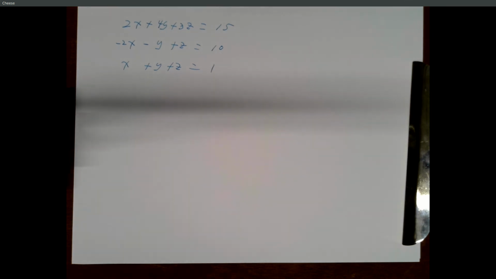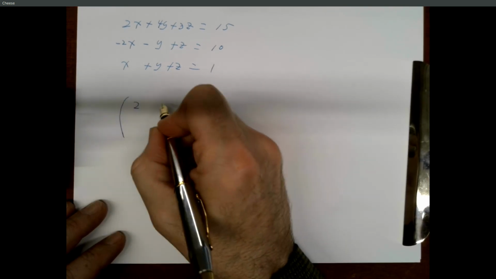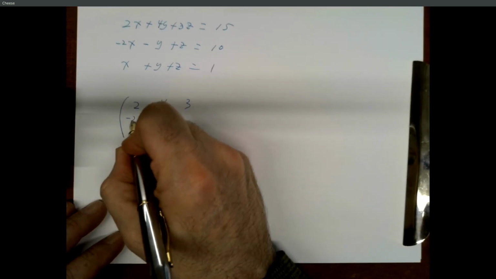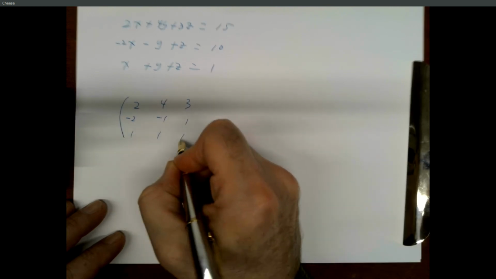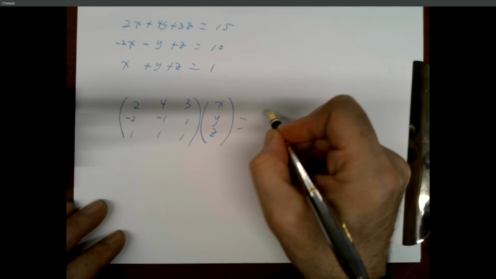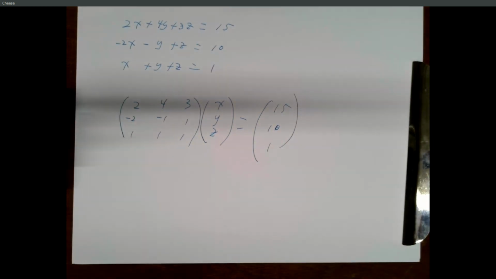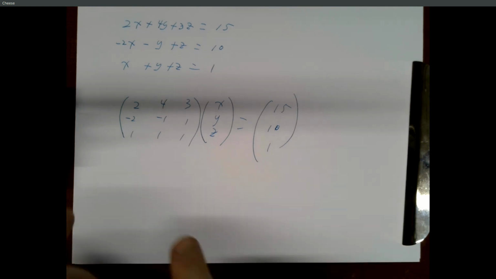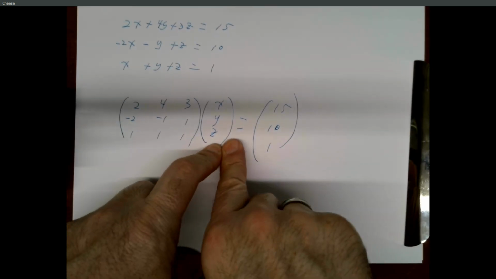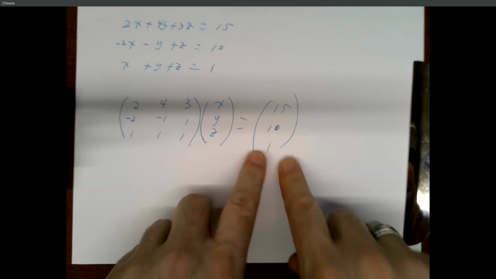And it turns out we can write this as a matrix equation, where we put our coefficients over here, and we put our x, y, z over here, and we put our 15, 10, 1 over here. And if you do the matrix multiplication, 3 by 3 times 3 by 1, that should give you a 3 by 1 matrix, which is what we have over here.